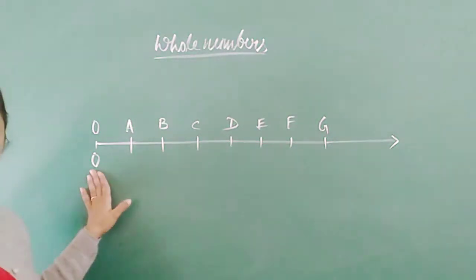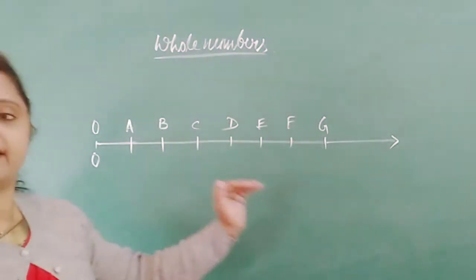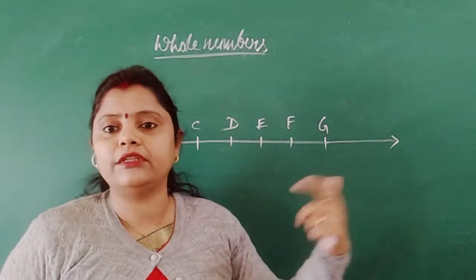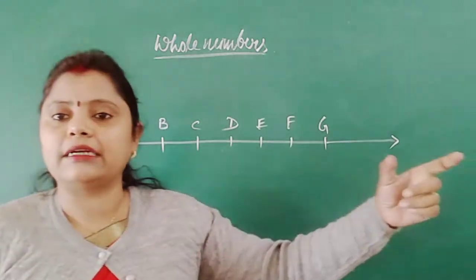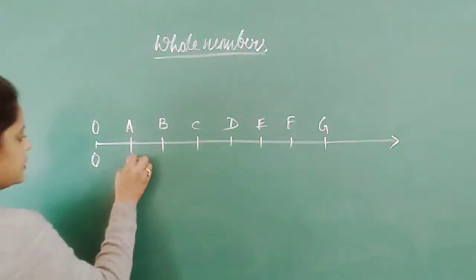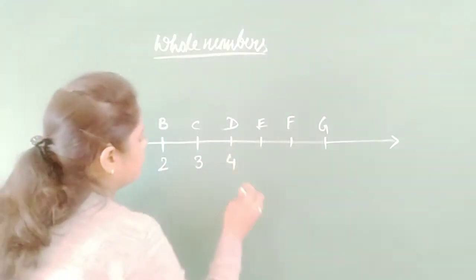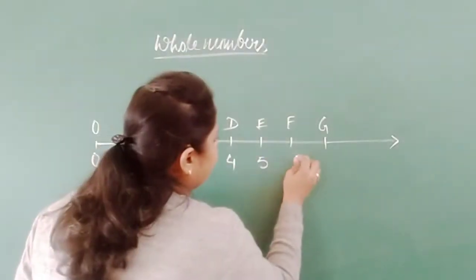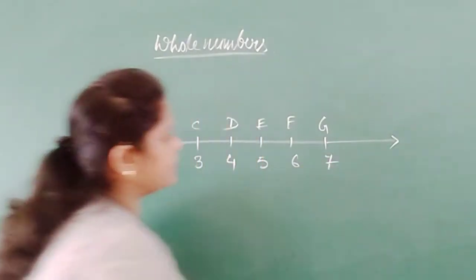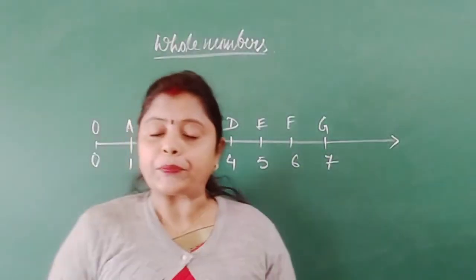If this is the beginning and it is 0, obviously the next one will be 1, then 2, then 3, then 4. So after 0 it is coming like 1, 2, 3, 4, 5, 6, 7. So it will go on.